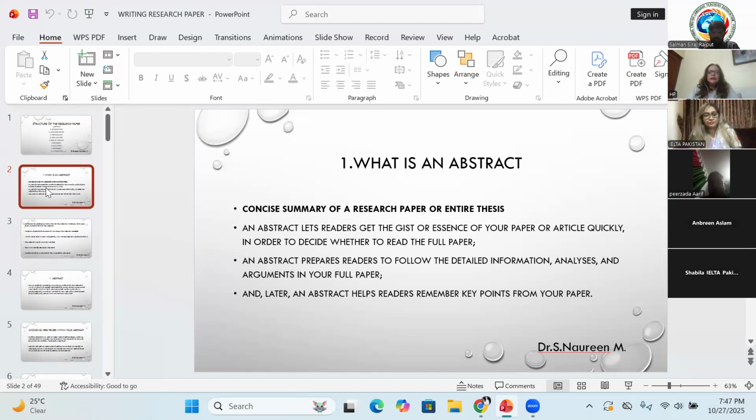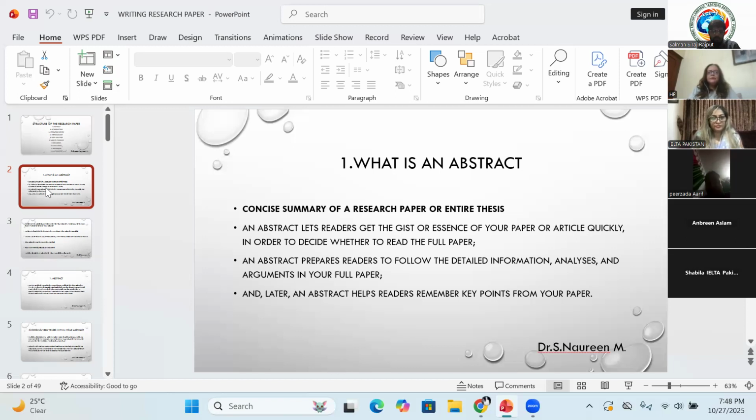The abstract is the place where everything goes into it, but in the briefest possible manner. For instance, you talk about your methodology, your sample size, how you are going to analyze the collected data, the tools, etc. And of course, some of the major findings, and then your future direction to the readers. Okay.